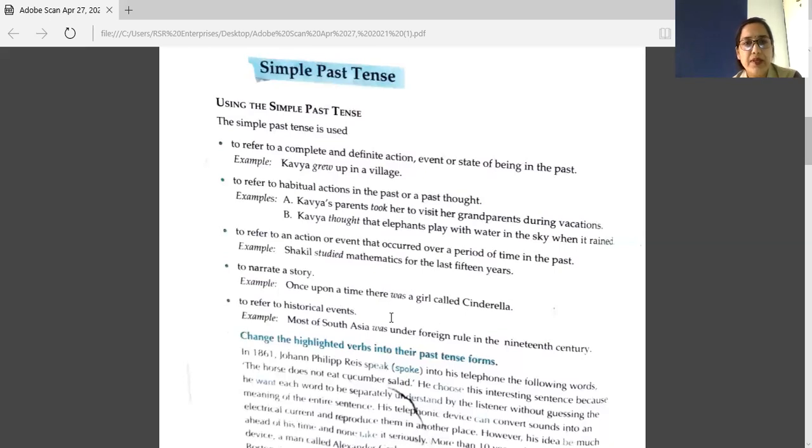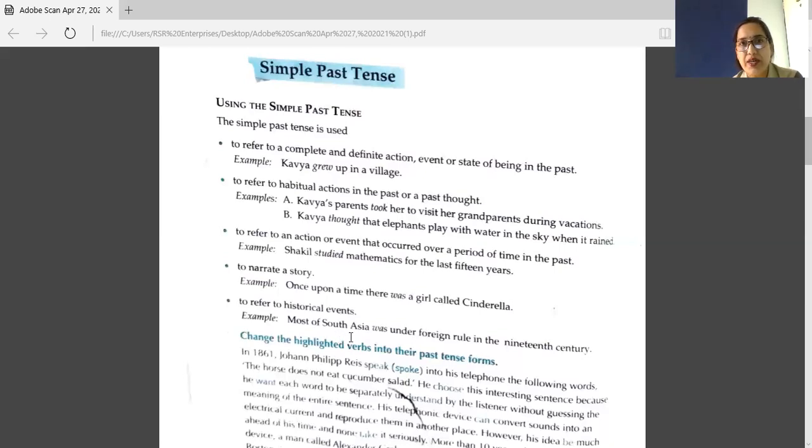Okay. Now see this next point, to refer to historical events. So any historical event, if you have to mention it in a sentence, there you have to use simple past tense. See this example. Most of South Asia was under foreign rule in the 19th century.